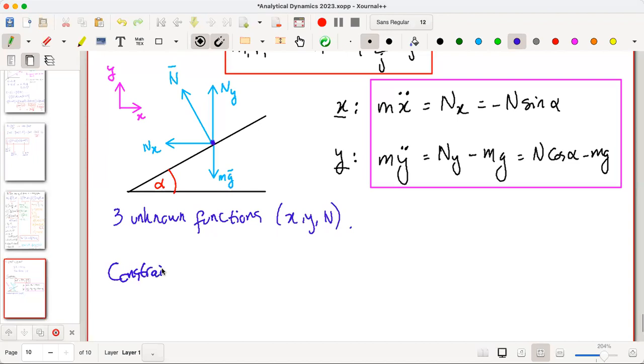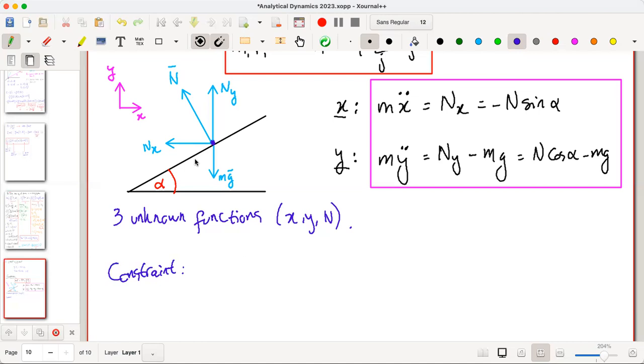The constraint here is, so how can we express this constraint in a mathematical term? Well, since the particle can only move along this one plane, even though it has 2 degrees of freedom, along x and along y, consequently x and y are no longer independent of each other.